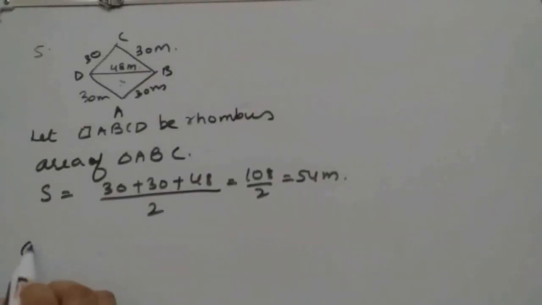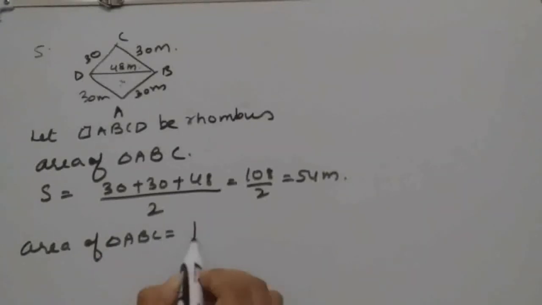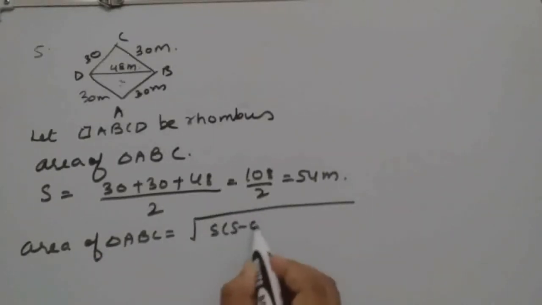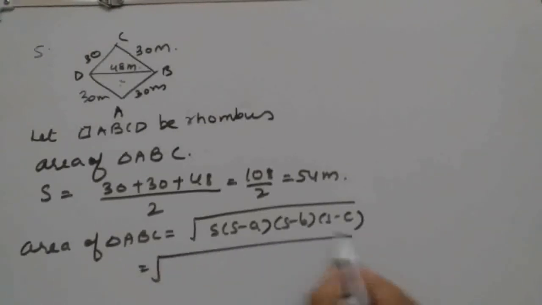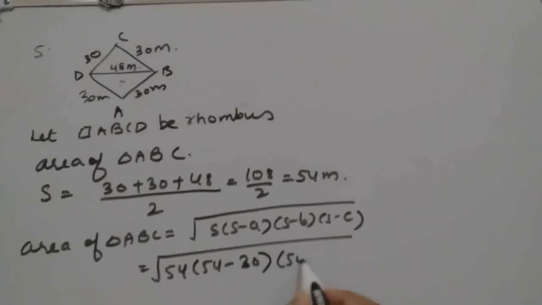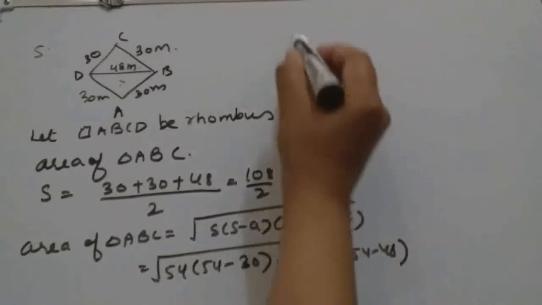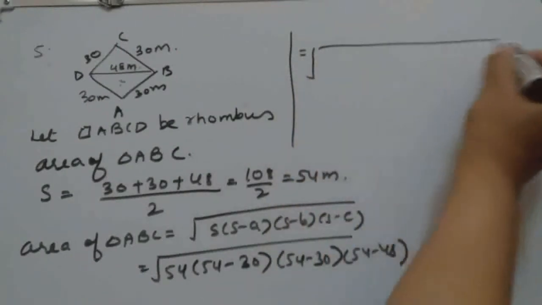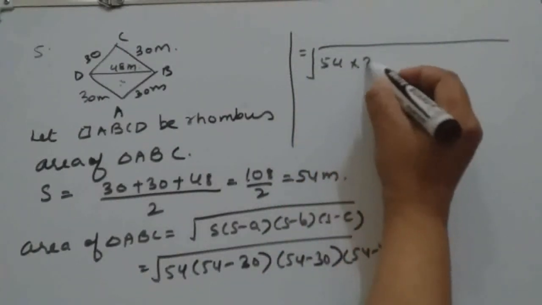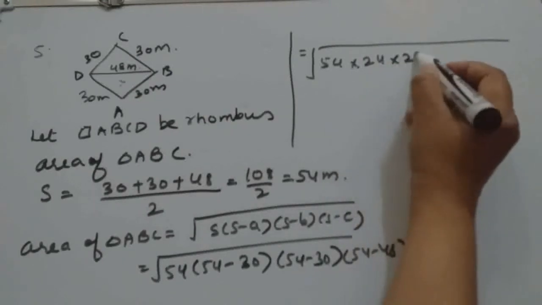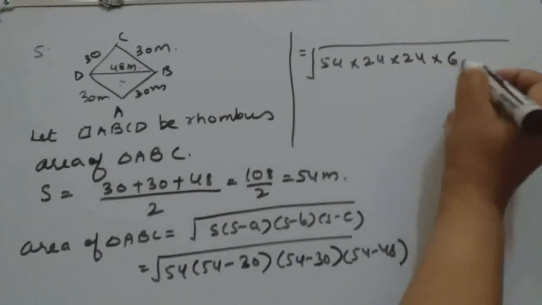Now area of triangle ABC is square root of S into S minus A, S minus B, S minus C. So 54 minus 30, 54 minus 30, 54 minus 48. See, this will give 54, then 24, then 24, and then 6.